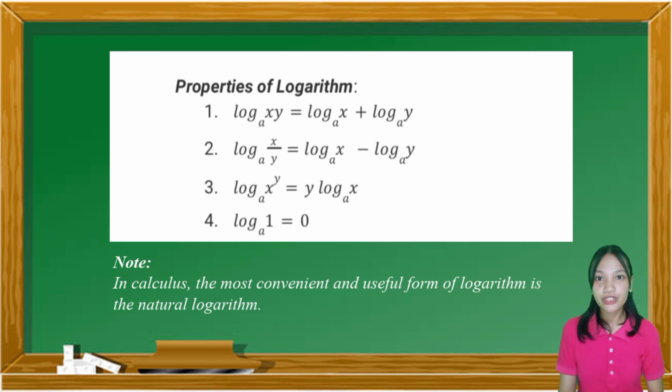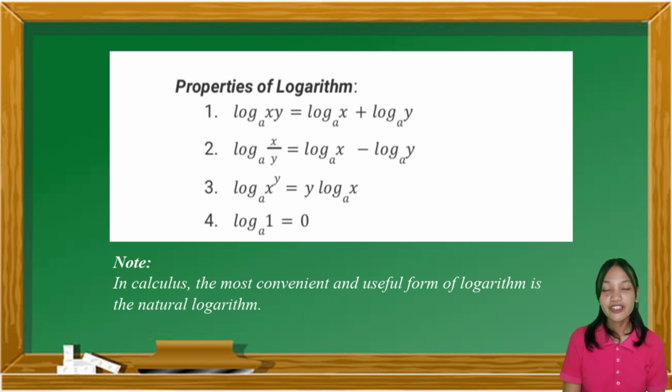There are different properties of logarithm. Number 1. Logarithm of base a of x times y is equal to logarithm of base a of x plus logarithm of base a of y. So this is the first property of logarithm. The second one is the logarithm of base a of x over y is equal to the logarithm of base a of x minus the logarithm of base a of y.